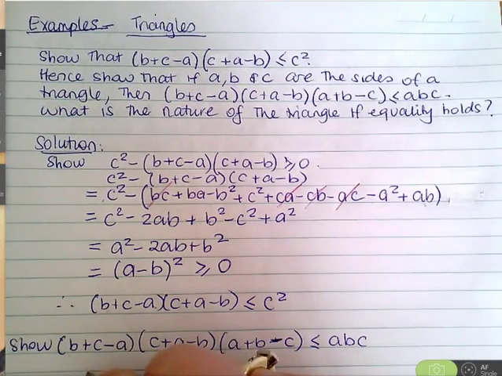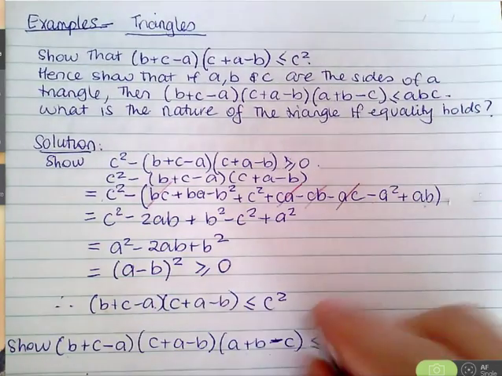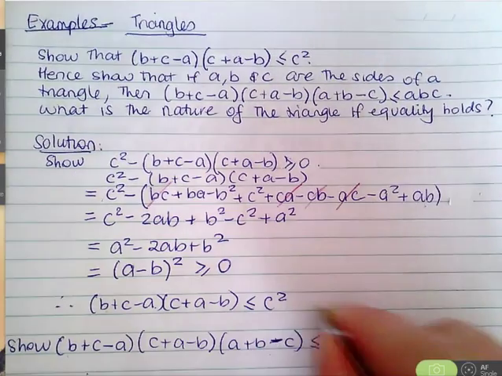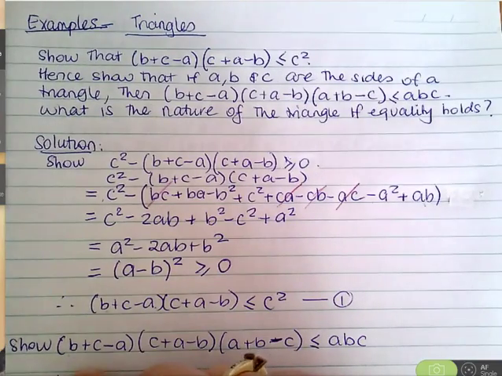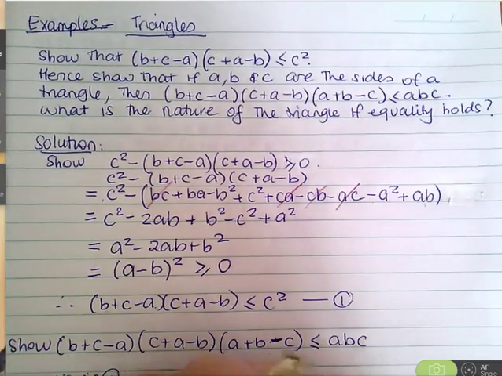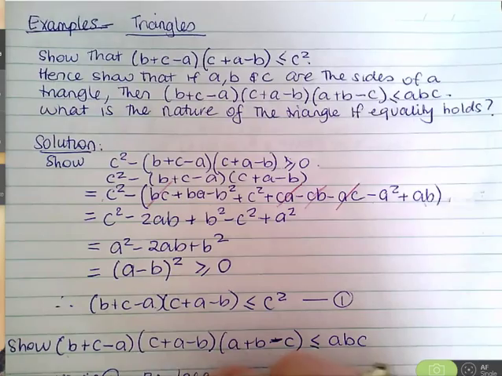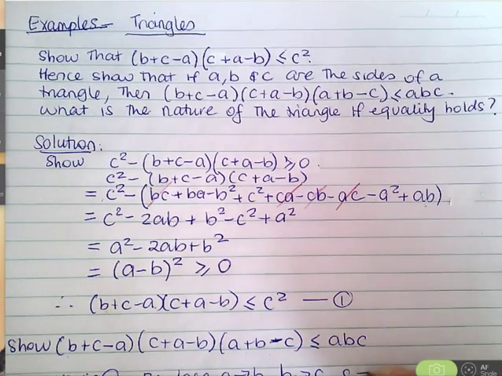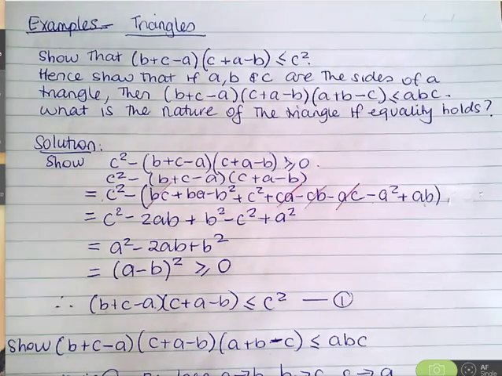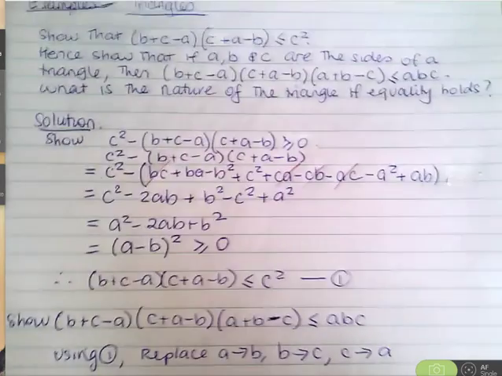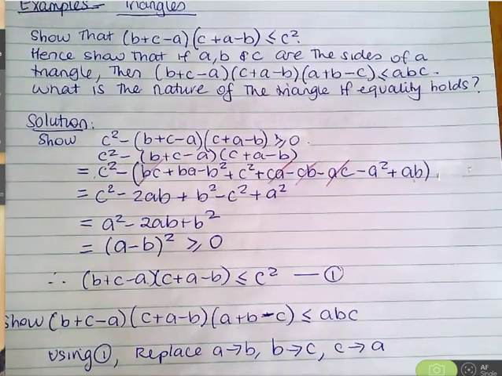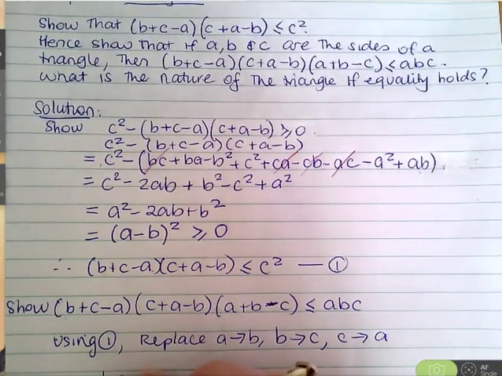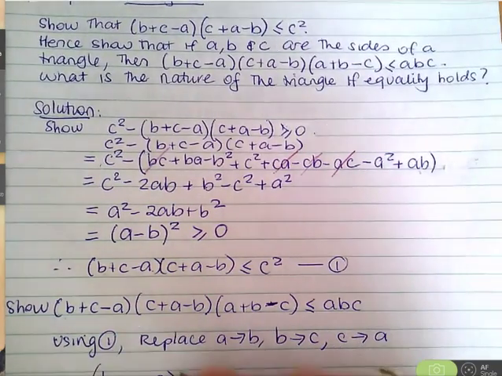So if we start with this first expression up here, I'll call this equation 1. So using equation 1, we can replace a with b, b with c, and c with a, and then we'll just see what we get there. So let's just start off with our first expression. So we haven't replaced yet.